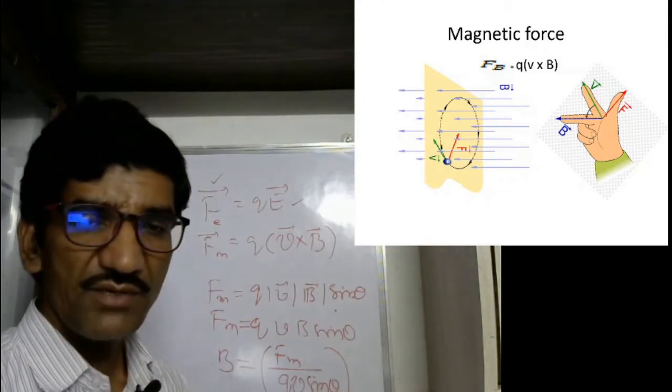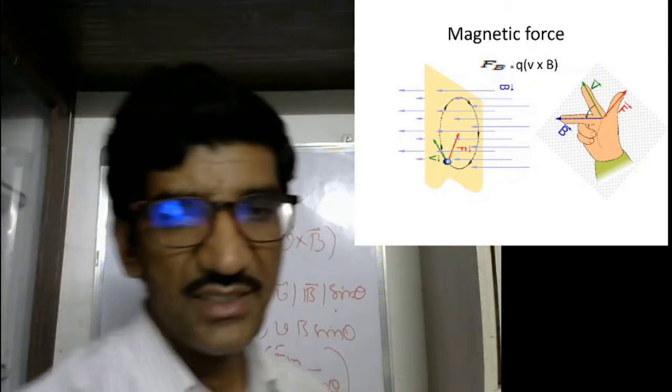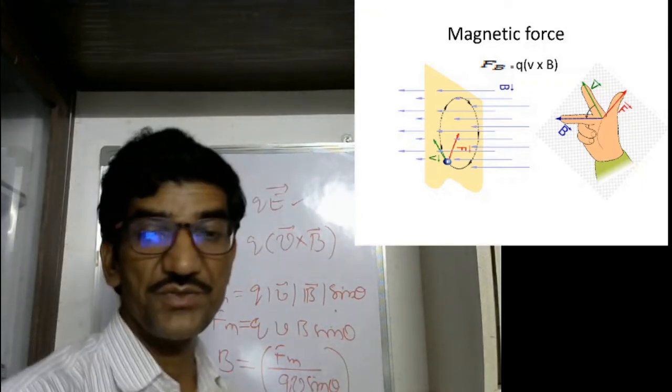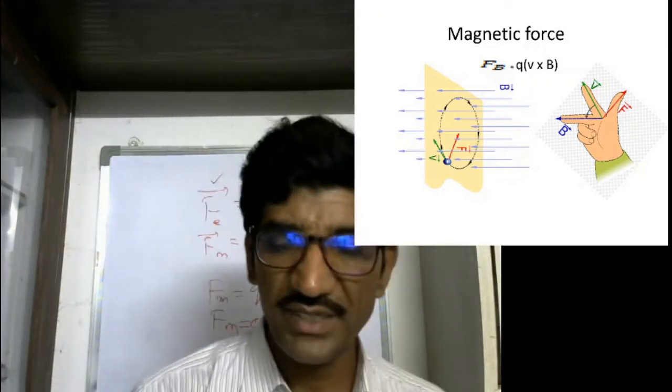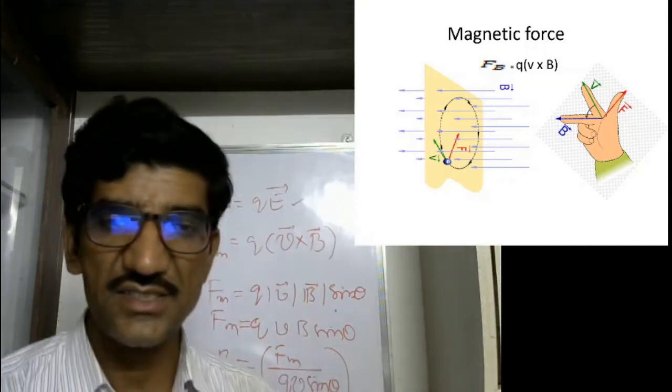Here we are defining this B in terms of the electric charge. This is another way of defining B. Usually, how do we define B when we do not consider the charges?